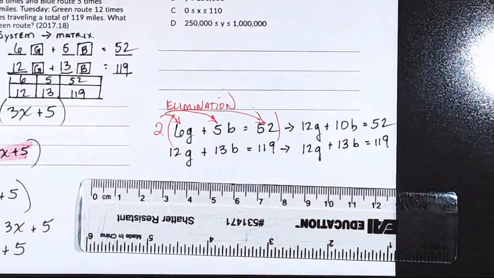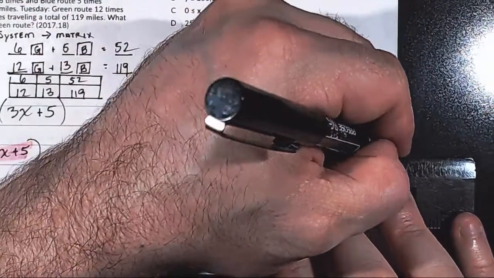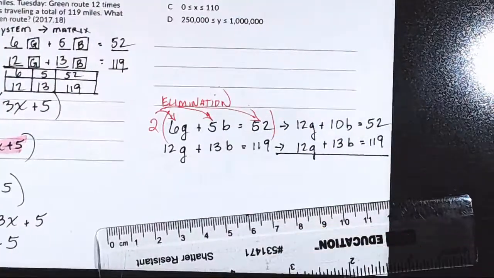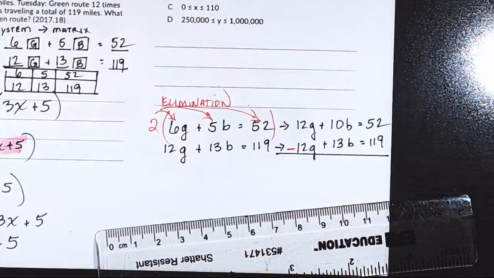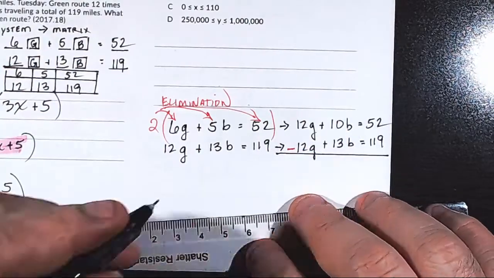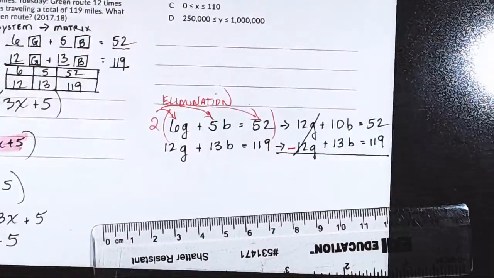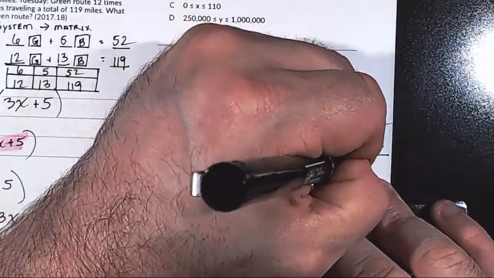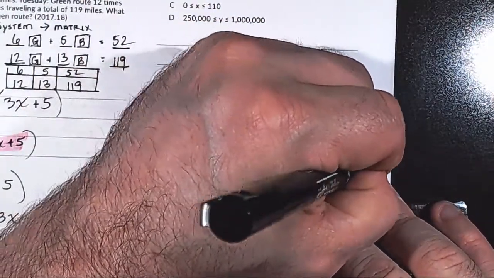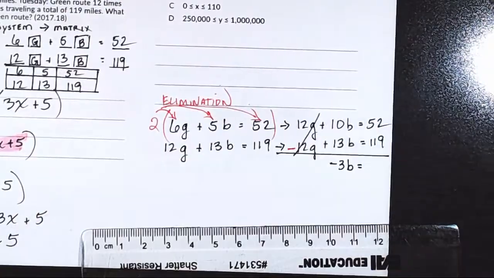To solve by elimination, I would just stack and subtract. When I subtract 12G minus 12G, it cancels out that term. So now, what is 10B minus 13B? That's going to be negative 3B equals, now I need 52 minus 119.